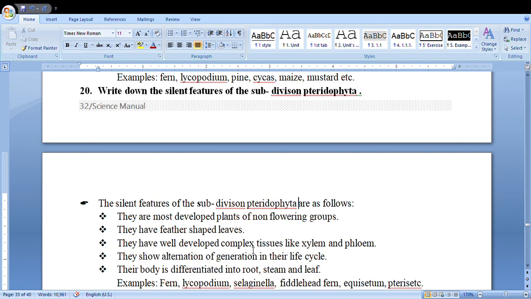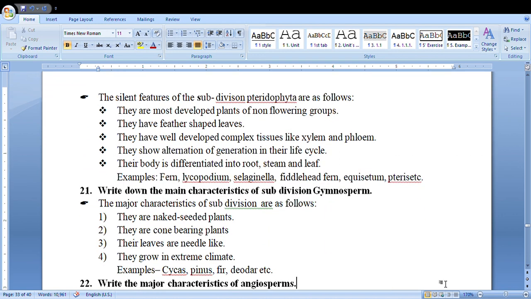They have well-developed complex tissue, xylem and phloem, as conducting tissue. They show alternation of generation in their life cycle, like bryophytes. Their body is differentiated into root, stem, and leaves. Examples are Lycopodium, Selaginella, fiddlehead, fern, Equisetum, etc.